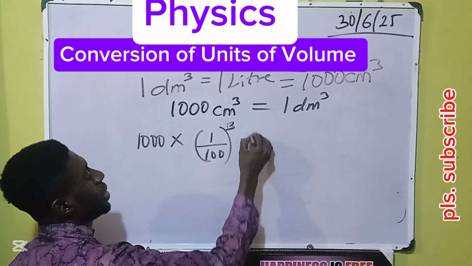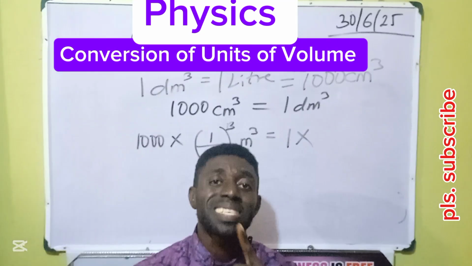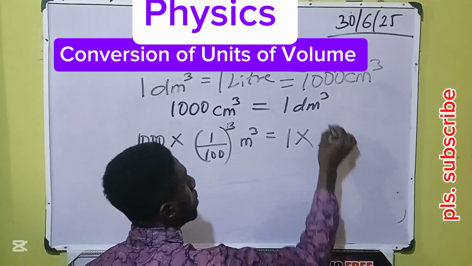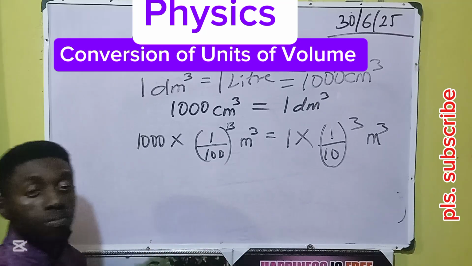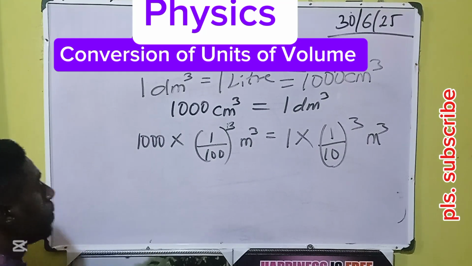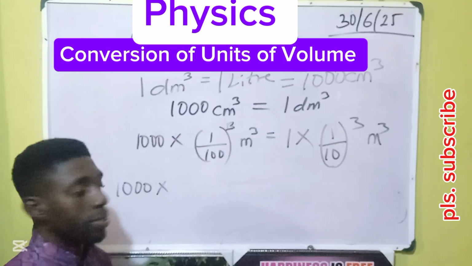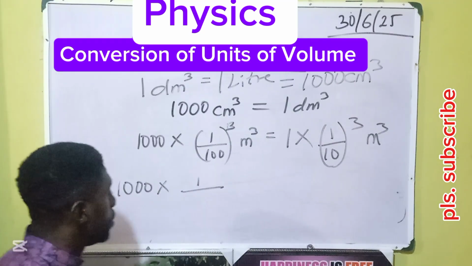Drop meter cube, equal to 1 times, the word deci means 1 over 10. It will pick its own cube. Drop meter cube. Then we'll continue. 1,000 times 1 cube is 1. 100 cube will be giving 1 million.